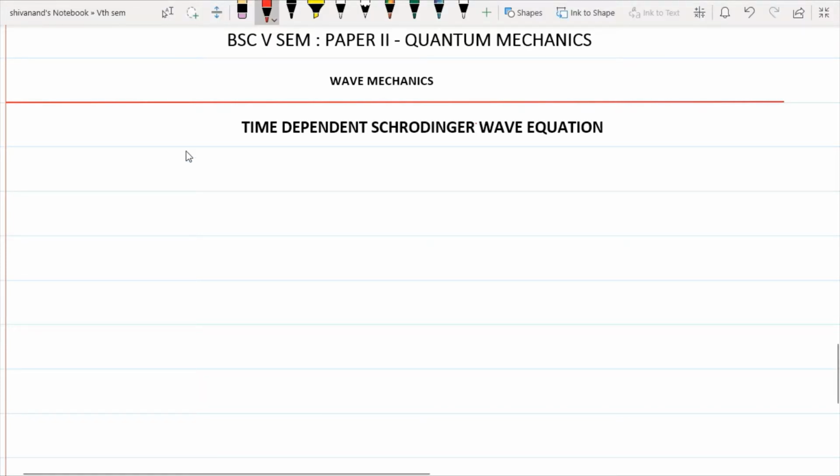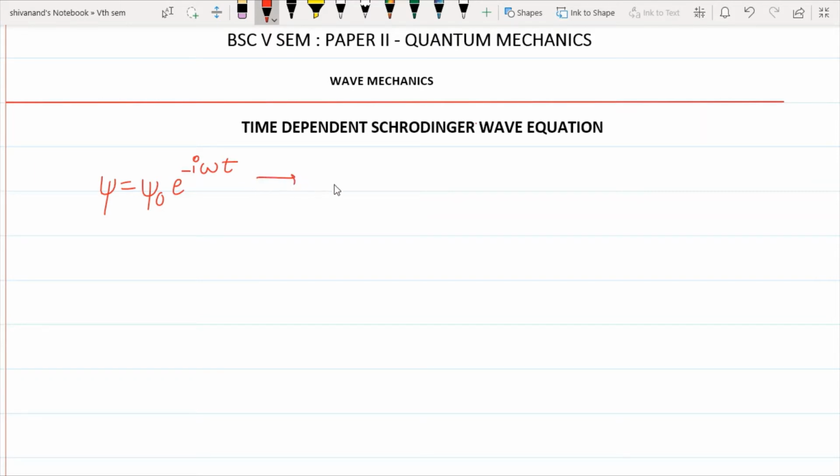As we know, the displacement of a wave function at any instant of time t is given by psi is equal to psi naught e power minus i omega t.